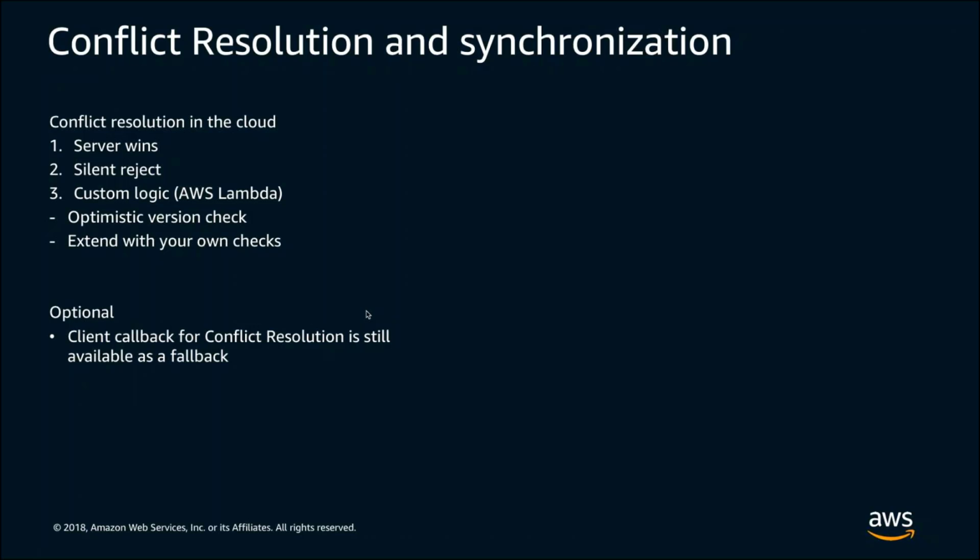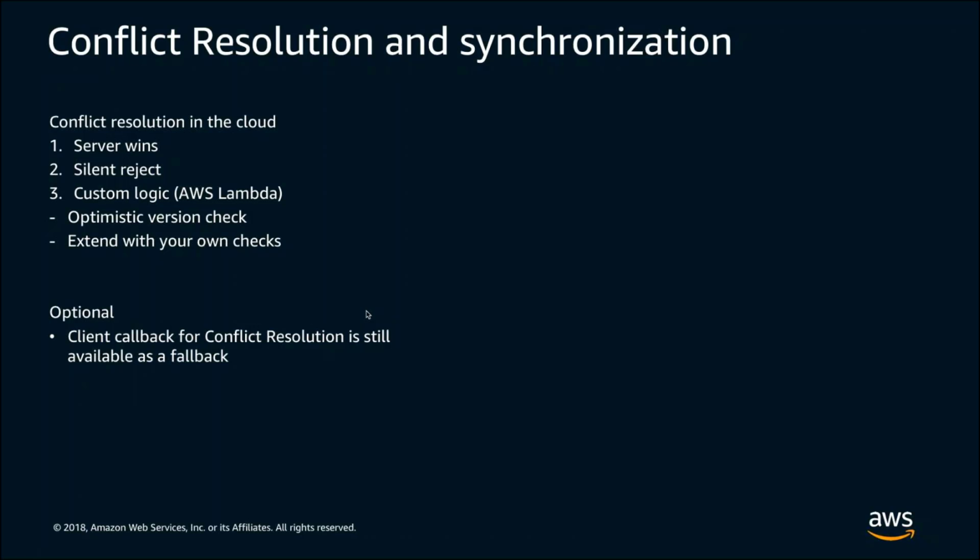The second one is silent reject, a special case of server wins, where I'm going to make my clients think that they have won, but it's actually the server data that I'm going to respond back with. Then you can choose to have custom logic, and you can use an AWS Lambda function to have business logic that can extend and have your own custom checks around how to resolve the conflict.